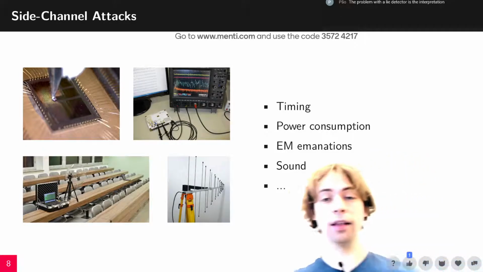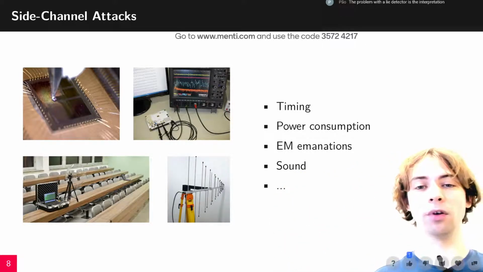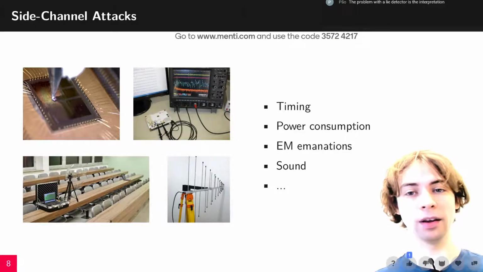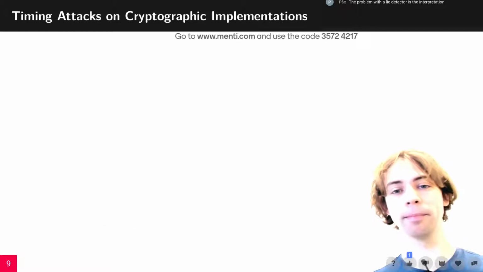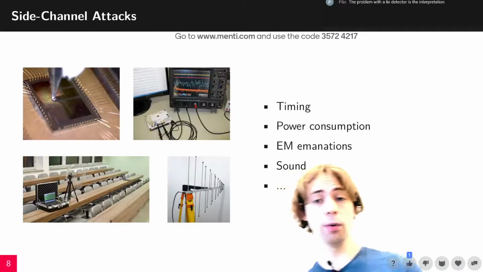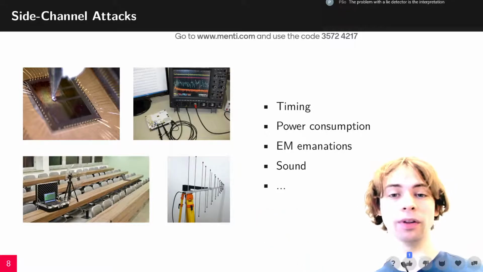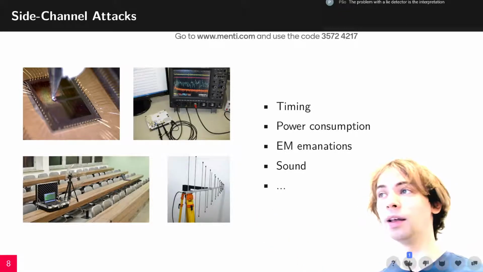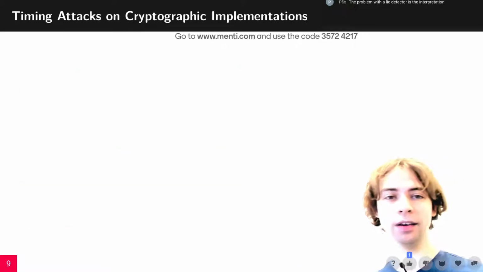And the set of properties that you can observe is basically unlimited. It just depends on what properties a device will influence. So if you would think about IoT devices today, then maybe you could also take temperature or even humidity into account for side channel attacks.